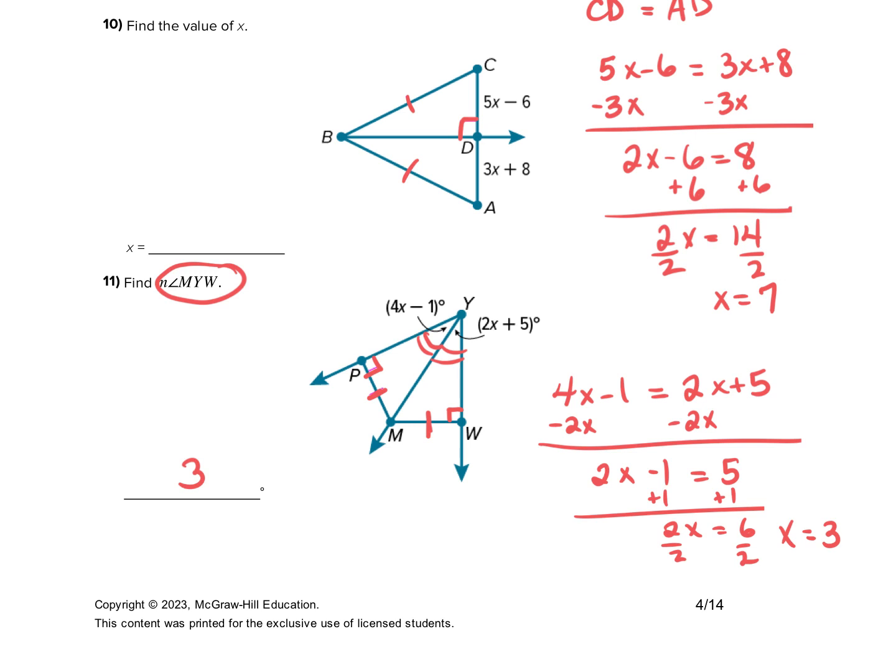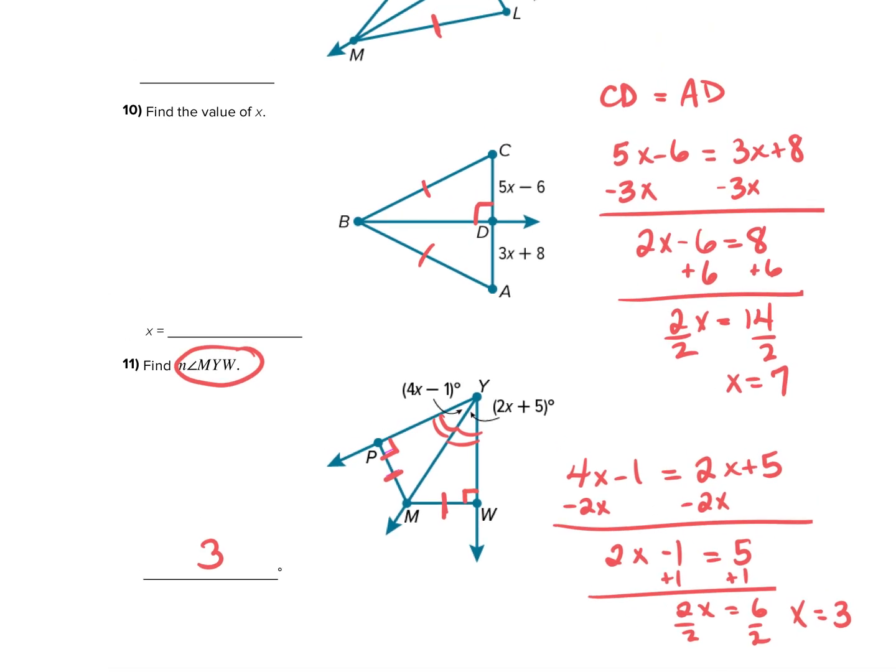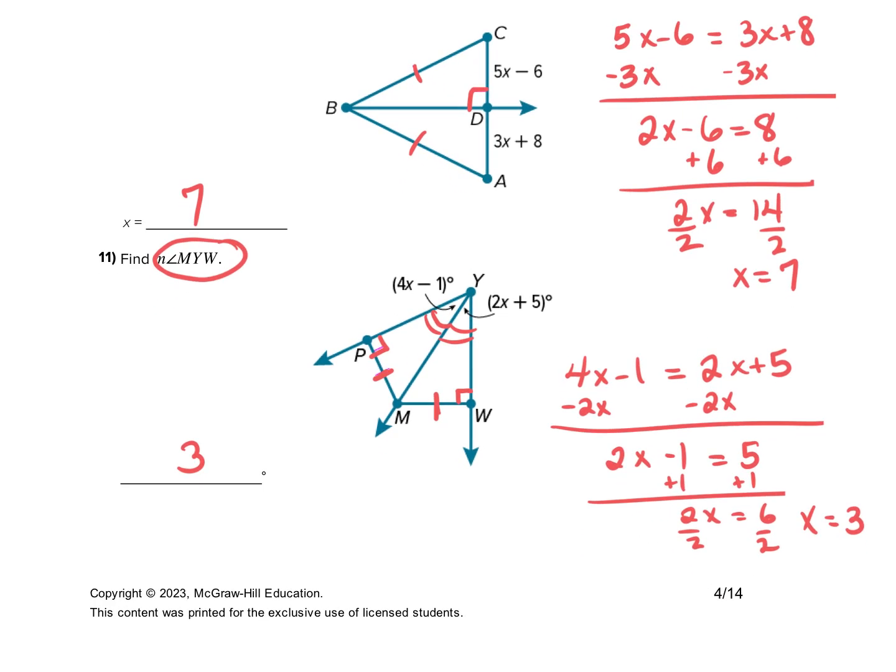See here, for number 10, it has to solve for x. I did that. I got 7. But I didn't read the question in number 11. So 3 is not what they're looking for. 3 is the wrong answer because it wants the measure of MYW.